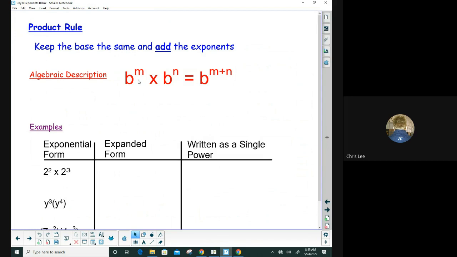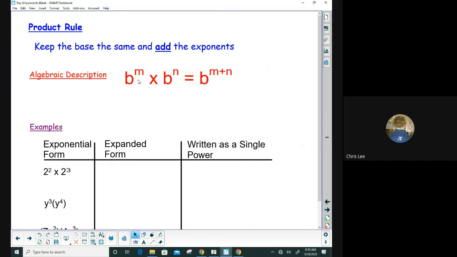So at the top of your worksheet, the algebraic description, you need to fill in b to the m plus n. This is just a mathematical rule that explains the thing we just discovered. When you're multiplying powers with the same base, you keep the base and add those exponents.